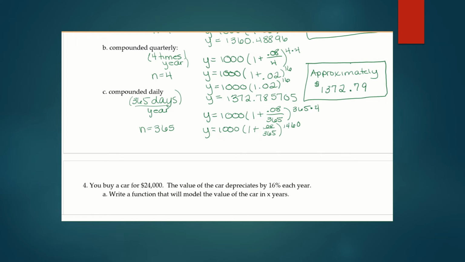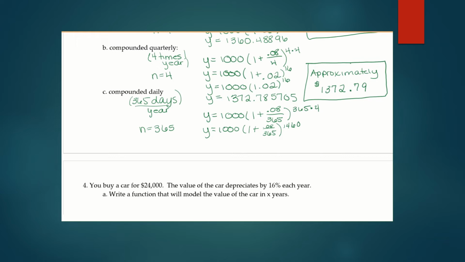Now the 0.08 divided by 365, that one you have to be careful with. So let's see. We're going to go 1,000, parentheses, 1 plus, now you could, if you wanted to, you absolutely could use 0.0002. I'm just trying to be as accurate as possible. So I'm going to use kind of double parentheses here.